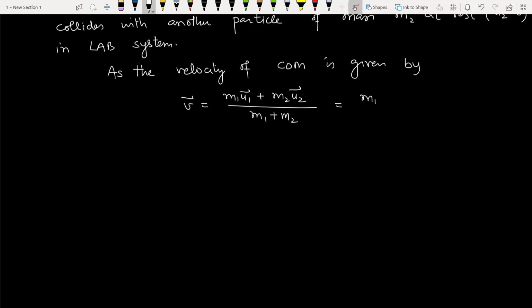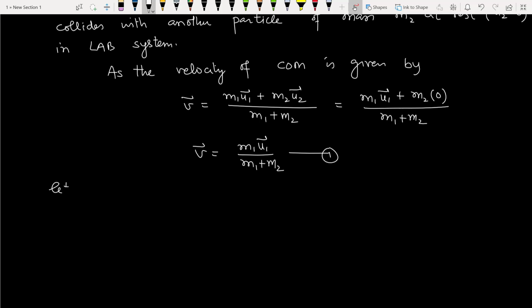So it is m1 u1 vector plus m2 times zero, because it is at rest. So we are with v equals m1 u1 upon m1 plus m2, equation number 1.